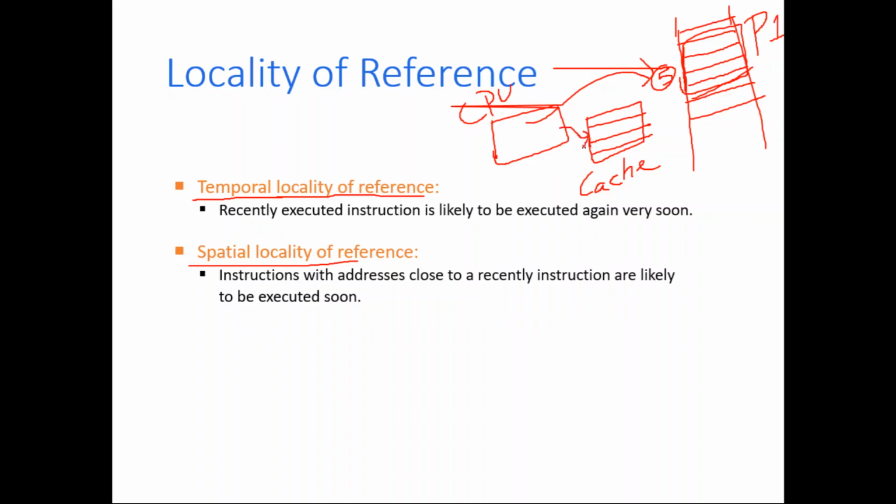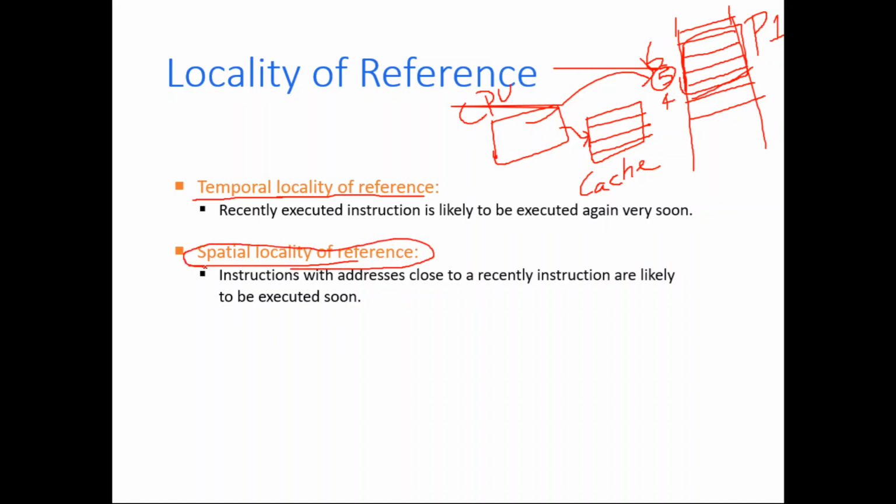But why is the memory unit doing like that? Because currently the CPU is saying that it wants to access word 5 of process P1, but it is highly likely that later the CPU may request word 4, or it may request word 6. So this concept is called spatial locality of reference.